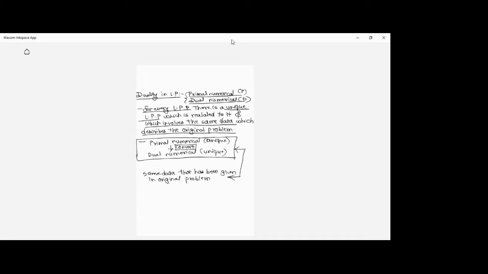Now what are the important and interesting features of duality? Let's discuss first, and then you'll understand. Suppose I have an original problem with a large number of rows, right?